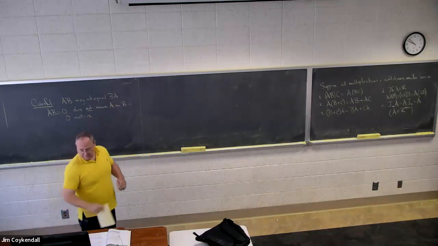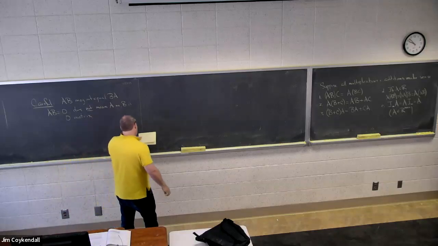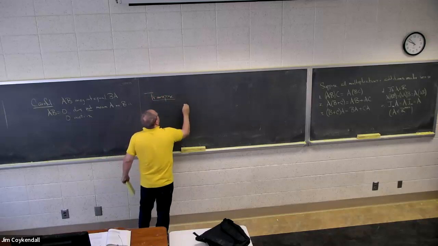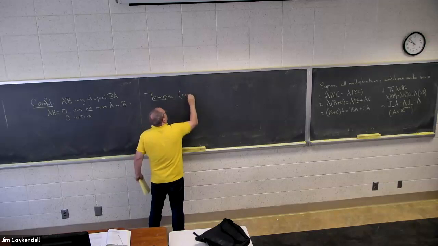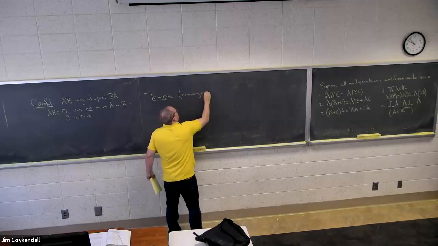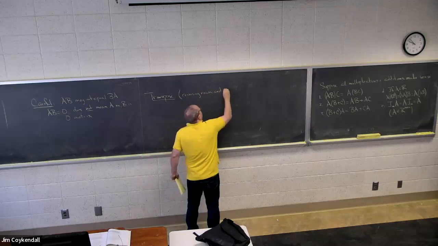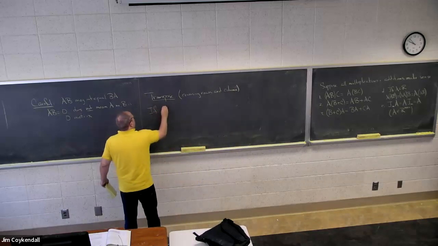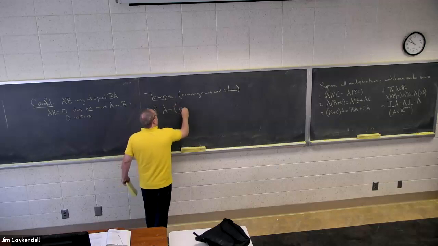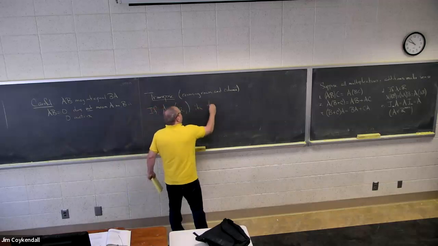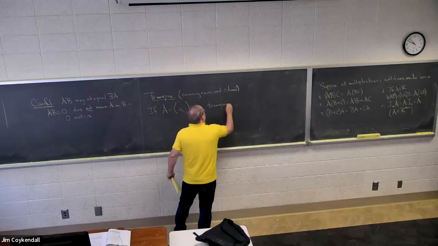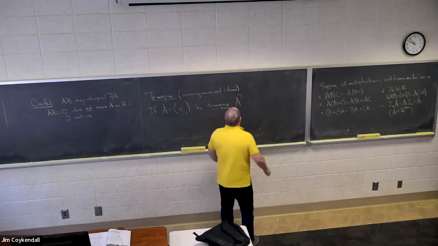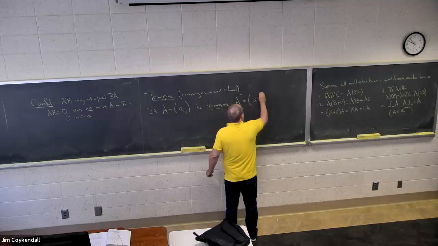Now, there's one last thing that I need to talk to you about today. A equals Aij. Its transpose, if you see that notation, A transpose, is the matrix Aji.